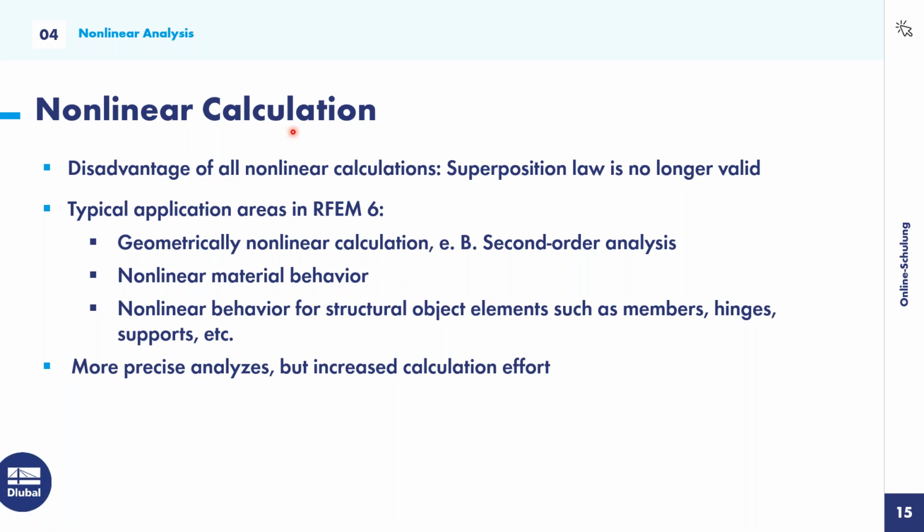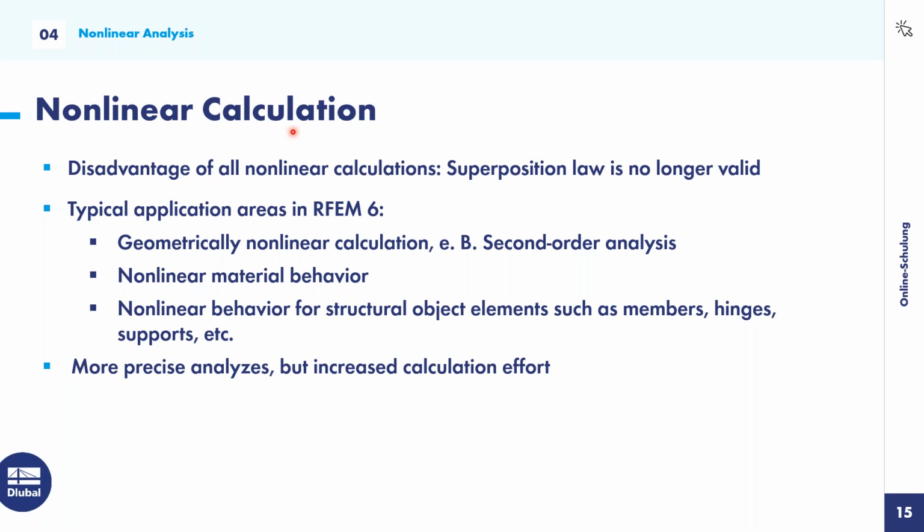So when I want to do a deeper analysis, or when I see, okay, the linear elastic behavior of some materials doesn't fit to reality, then I have to consider nonlinear effects. But these nonlinear calculations have one disadvantage.